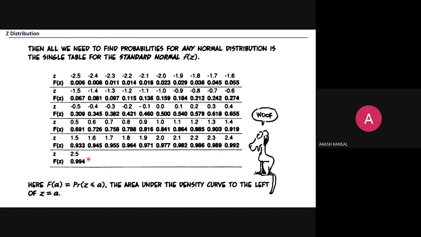So you can see that the probability of getting z less than or equal to 2.5 is going to be 0.994. These are very generic results that you will be able to apply on all normal distributions.